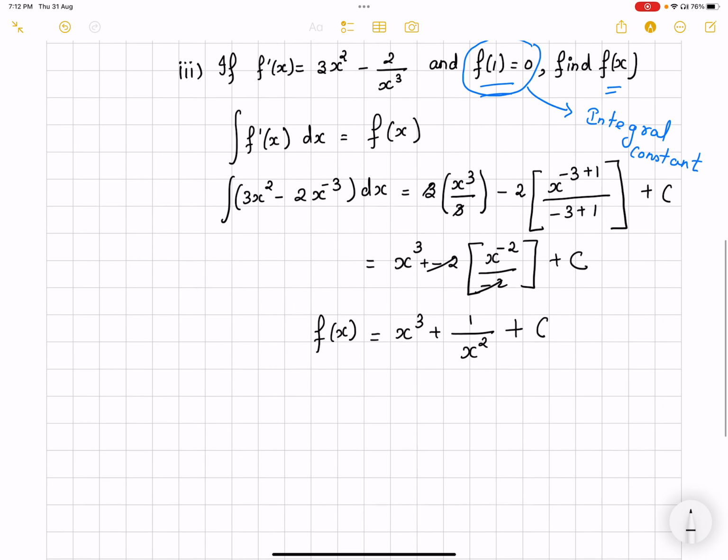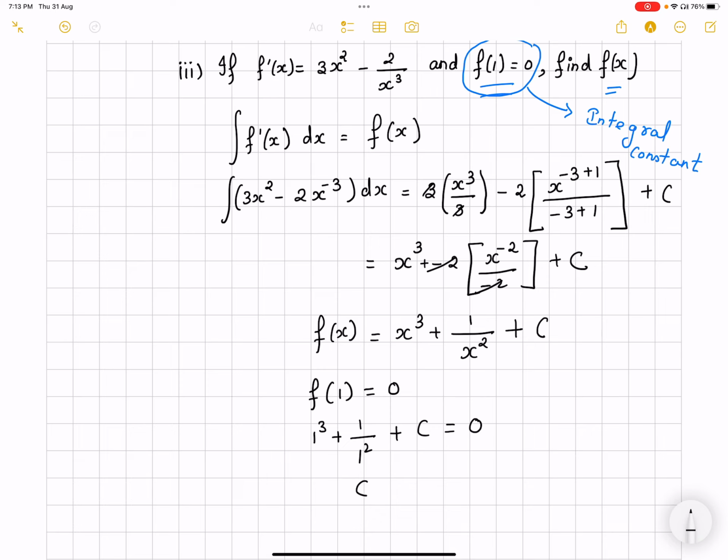Now, the information given is that f of 1 is equal to 0. Now you substitute 1 in the place of x. That means 1 cube plus 1 by 1 square plus c is equal to 0.